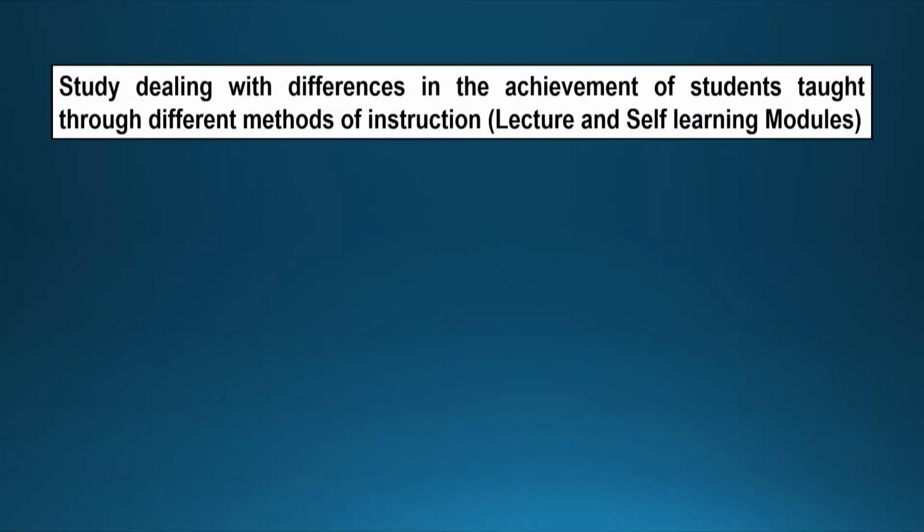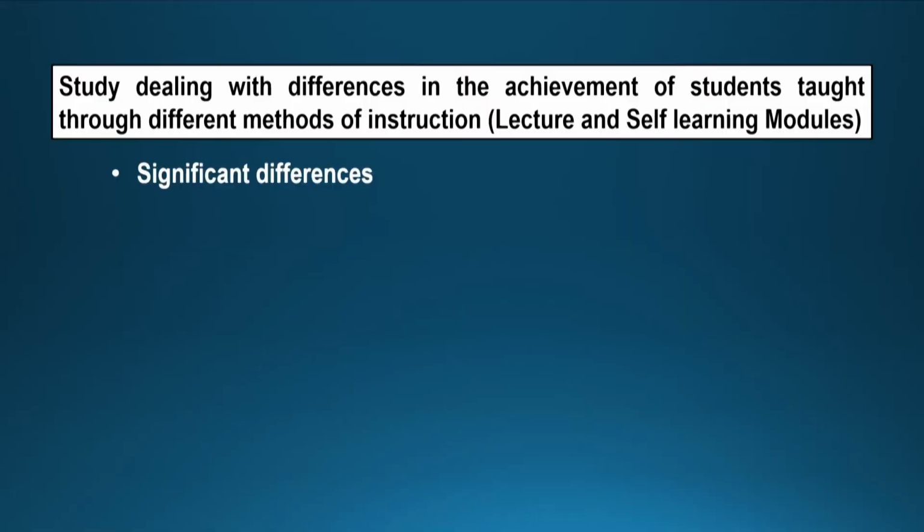Likewise, you can think of a study dealing with the differences in the achievement of students taught through two different methods of instruction, that is lecture and self-learning modules. Differences can be significant or not significant.